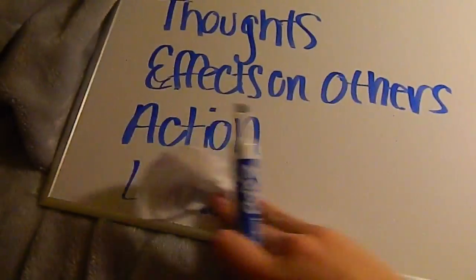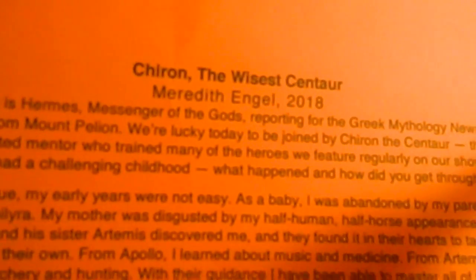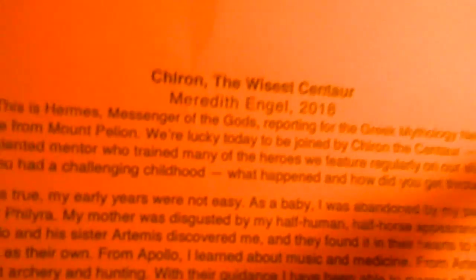Okay, so now that I gave you that long, wonderful little lecture, we are going to practice. Now, if you turn to your packet again, you have the Now Let's Try It page, and you also have Chiron, the Wisest Centaur by Meredith Engel.